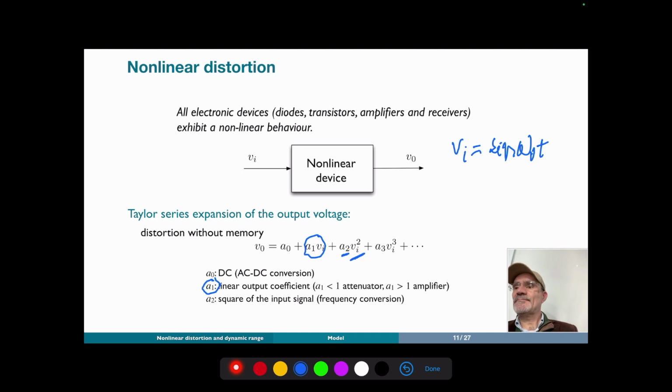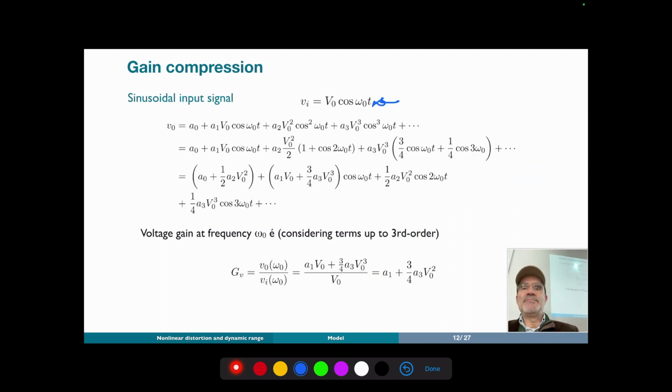Then Vi squared is the sine squared of omega 0 t. Okay. Let's assume that we have a sinusoidal input signal. V0 is the amplitude of the input signal, and omega 0 is the frequency of the input signal.